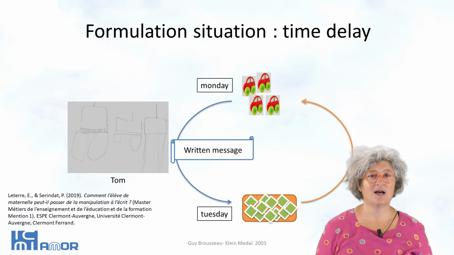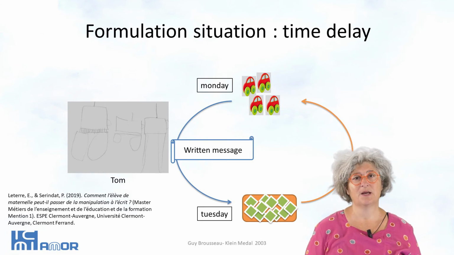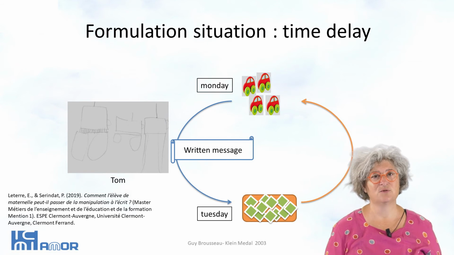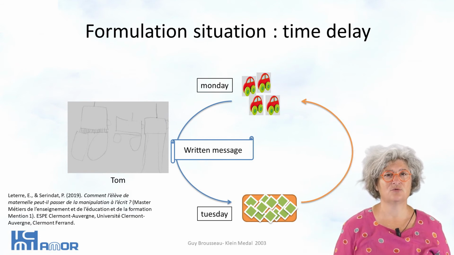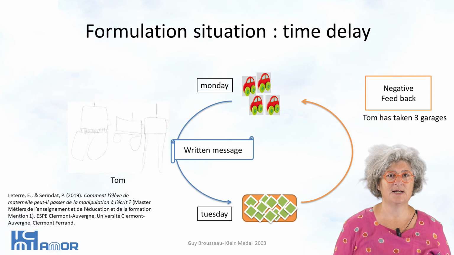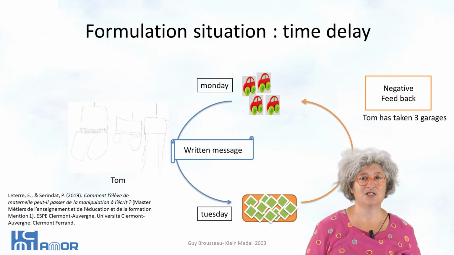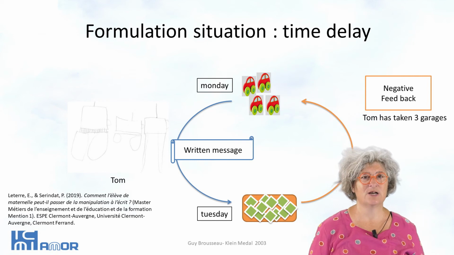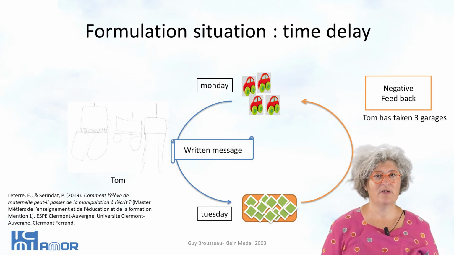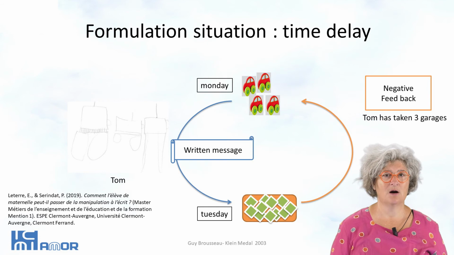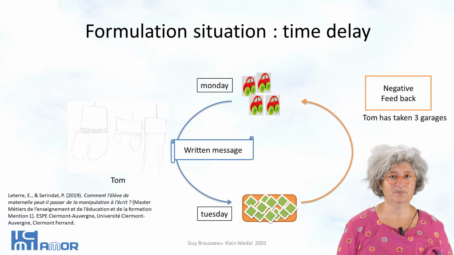Since the observer has declined to help him, he thus began to draw cars and finally drew something that looks like 3 cars. On Tuesday, Tom has looked at his written message and has taken 3 garages. The feedback was thus negative. There was a car without a garage.